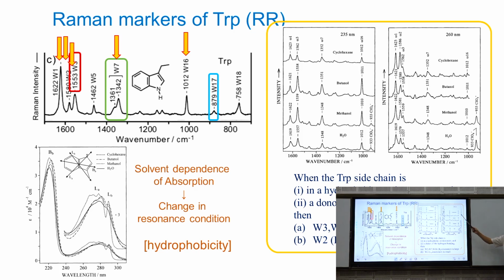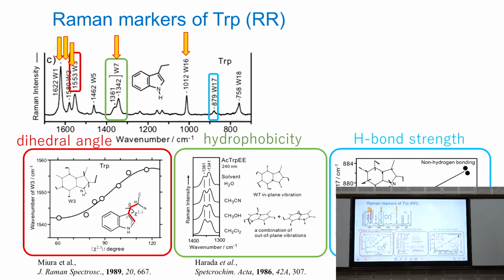But this is one method to use Raman spectroscopy in the protein structure analysis or protein environment analysis. So W3 is related to dihedral angle of the tryptophan side chain.